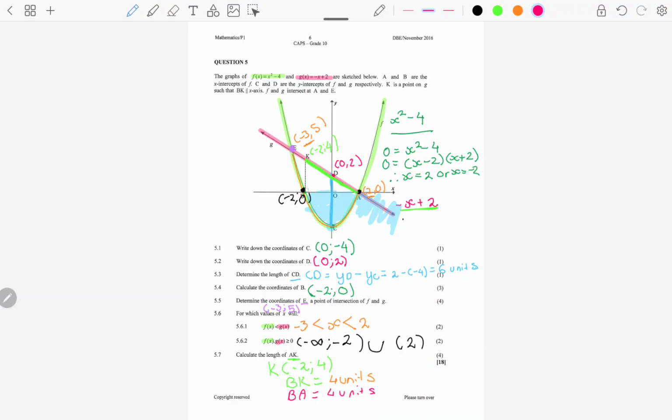And since we're already given that BK is parallel to the y-axis, this makes this a right triangle. And since we already have this side and this side, we can use the theorem of Pythagoras to figure out the length of AK. So AK will be equal to the square root of 4 squared plus 4 squared, and that will give us 5.66 units.